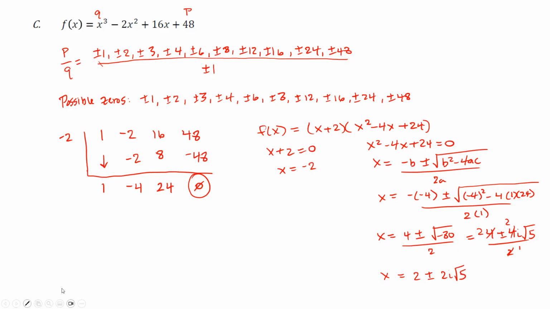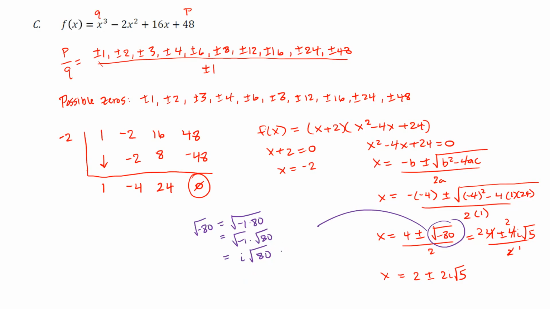So to show that middle process of simplifying the square root of -80, I know that -80 is -1 times 80. The square root of -1 is i. Okay, so now I just need to simplify 80.